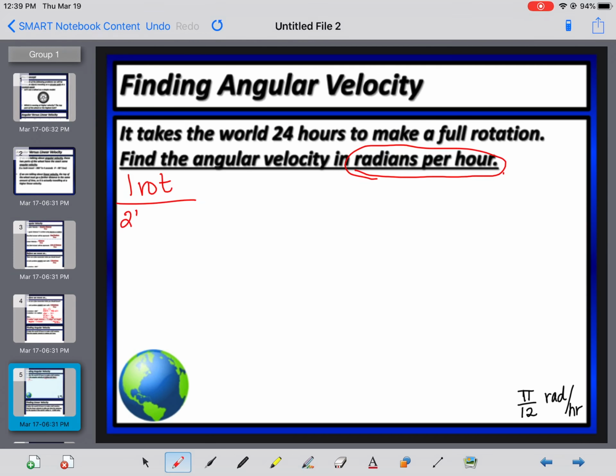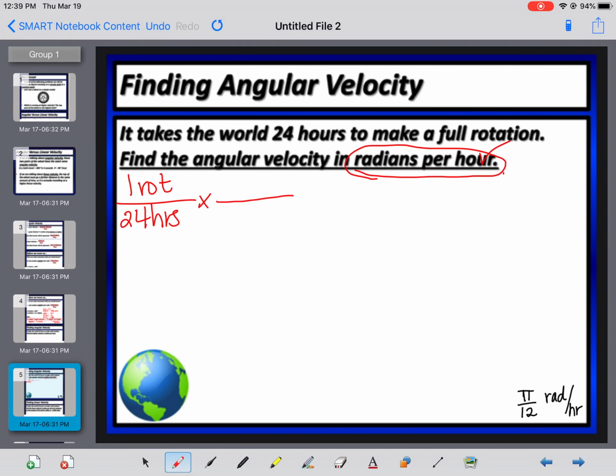So we have 1 rotation over 24 hours. If you've ever done stoichiometry or dimensional analysis, that's exactly what we're doing here. We're trying to take 1 rotation and 24 hours and convert it into radians per hour. Luckily for us, we're already in hours, so that's 1 unit of measure that I'm already where I need to be.